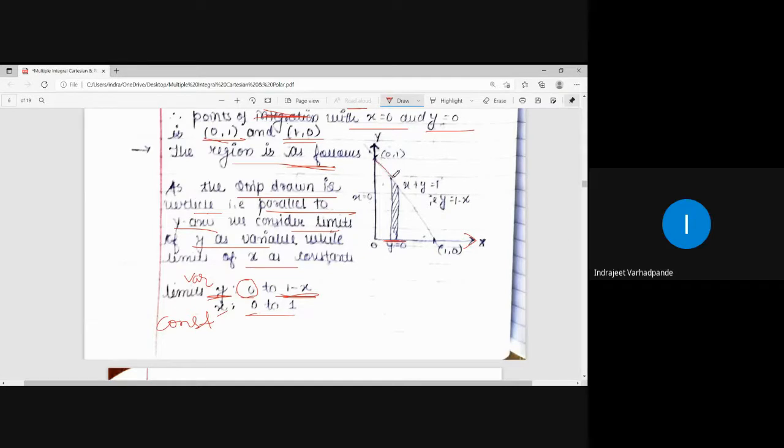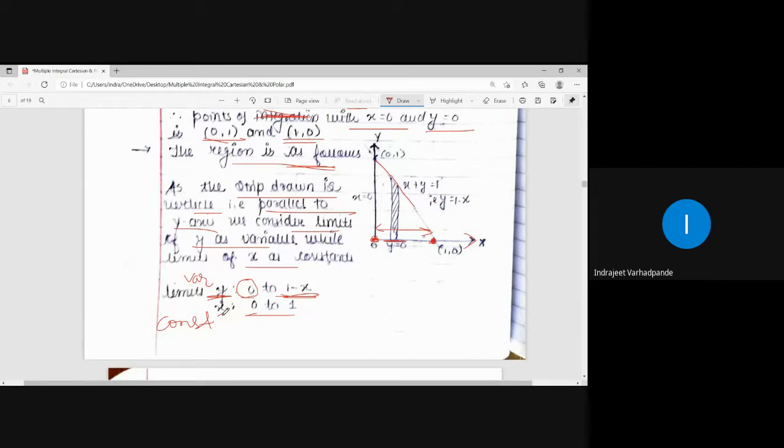The upper end of the strip lies on the line x plus y equal to 1, so y will be written as 1 minus x. Now slide or roll this strip in this region. Here it starts from the origin, x is equal to 0. It ends at the point 1 comma 0, so the value for x will be 1. So the variable limits for y are 0 to 1 minus x.